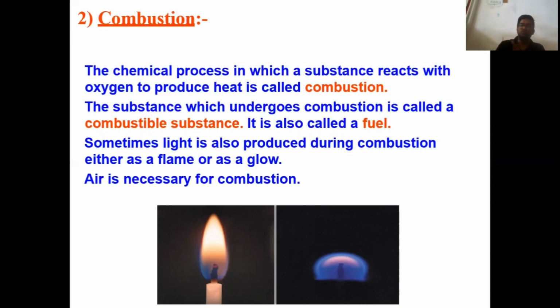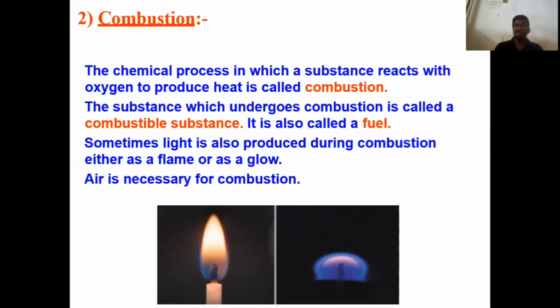There are two types of reaction, endothermic and exothermic. In the endothermic reaction, heat is absorbed, and in the exothermic reaction, heat is produced. So, combustion is an exothermic reaction.